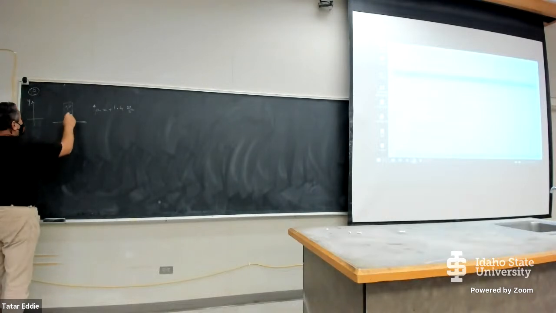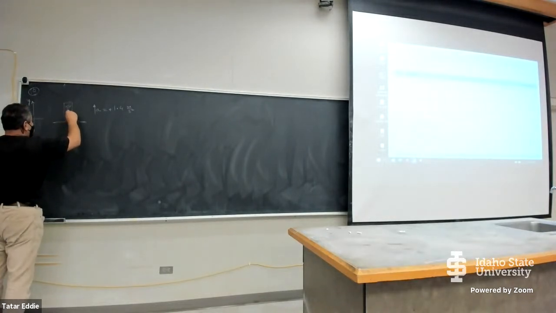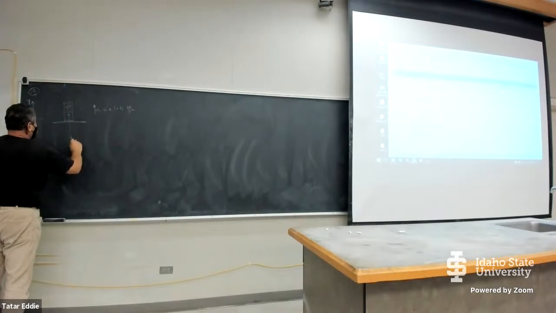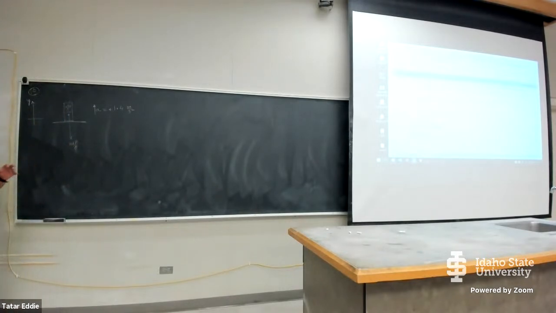Now, free body diagram. You have the weight of the person, mg, in downward direction. So the algebraic sign is taken into account when I draw the arrow. You don't need to insert negative g or anything.